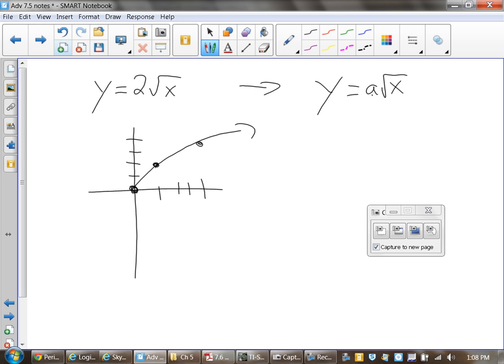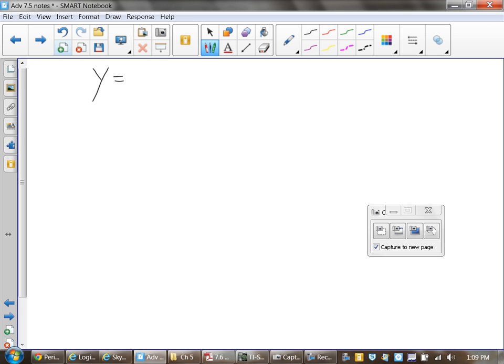And the reason why we bring that in is because we get this generic form of a shifted square root problem. It looks like this: y equals a square root of x minus h, plus k, where your h's and k's stand for your horizontal and your vertical shift again.